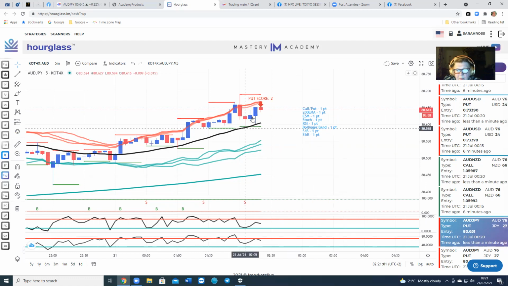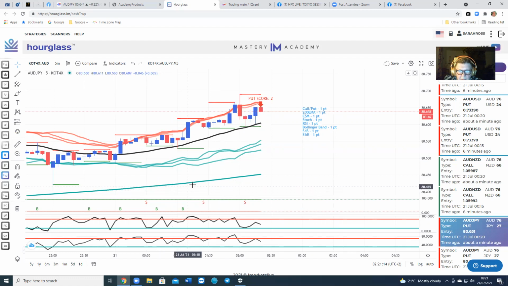So you've got 1 for the put, 1 for the resistance or support, 1 for the Bollinger Band, red or green, depending on whether you're taking a call or put, 1 for the 200 EMA, 1 for cross down or cross up, and then 1 for your S for a sell or B for a buy. That's how we're adding them up.